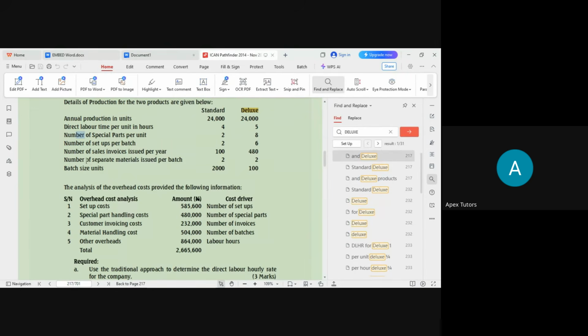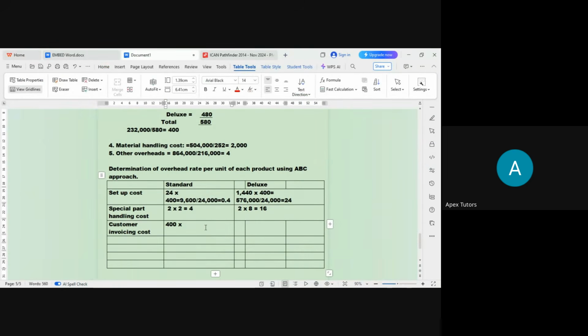It is based on the number of sales invoices issued per year. But take note, we are working based on per unit, right? For standard it is 100, for the loss it is 40. So this is going to be what?